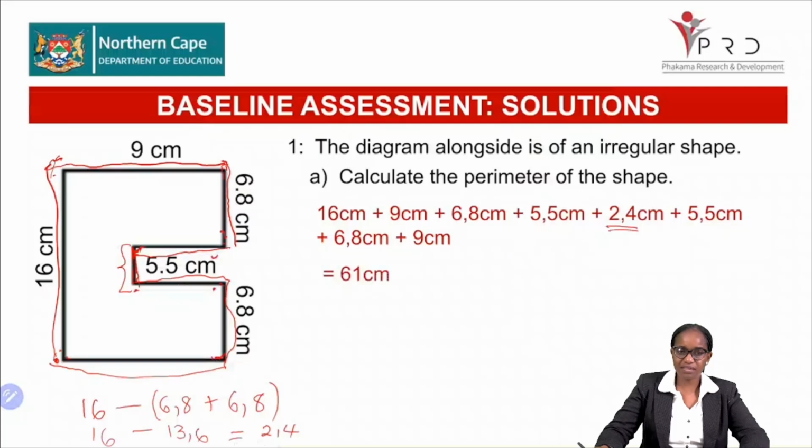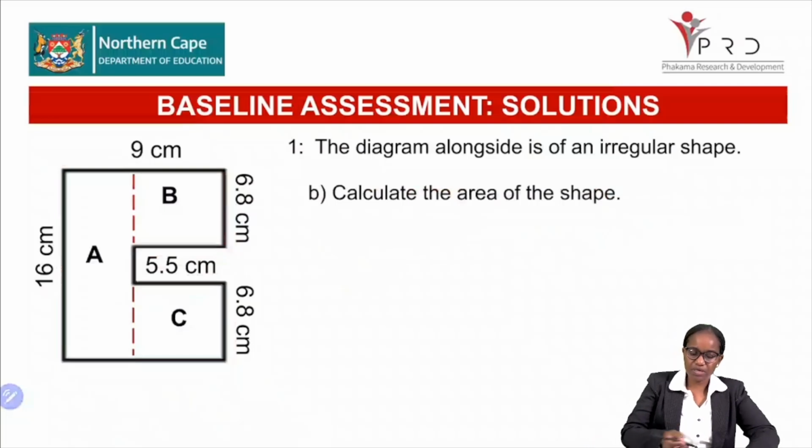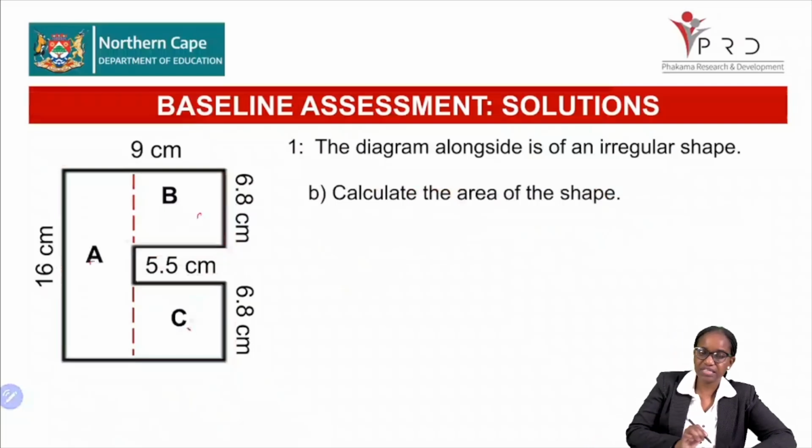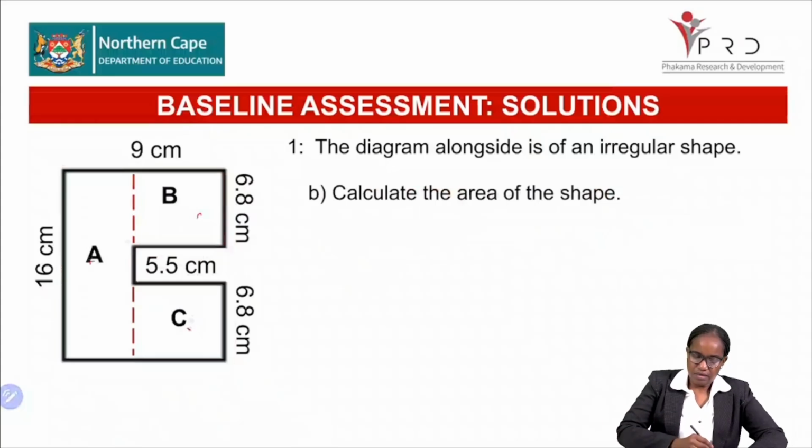What about the area? How do we find the area of this irregular shape? We divide our shape into regular shapes. So we can have 1, 2, 3 regular rectangles. So the area of A plus the area of B plus the area of rectangle C will give us the total area of the shape.